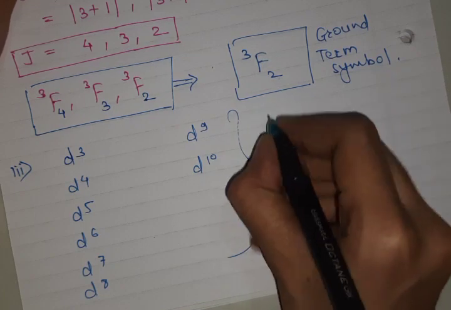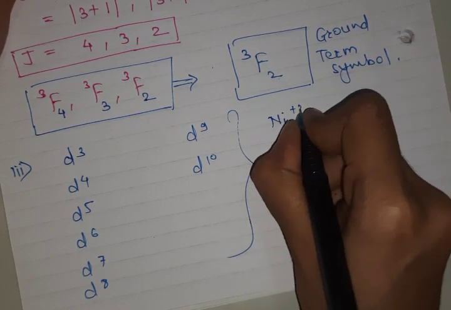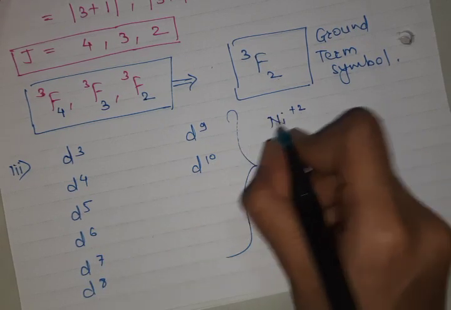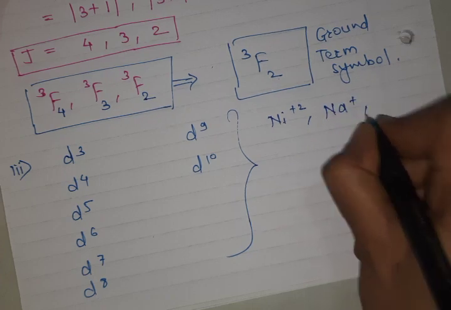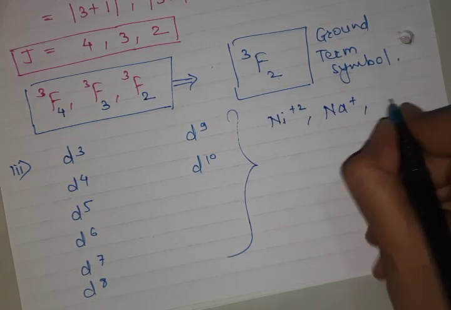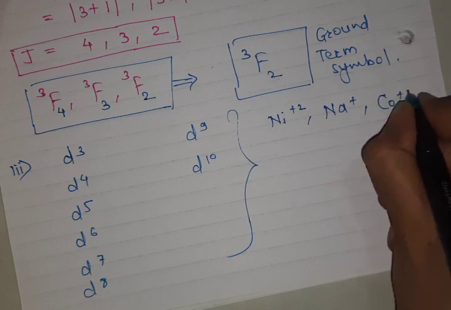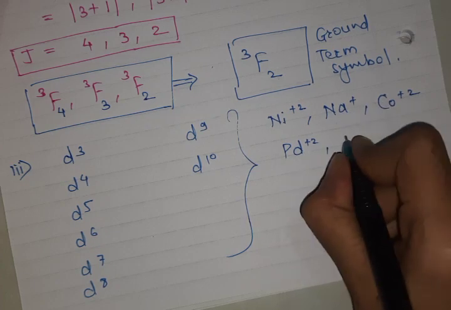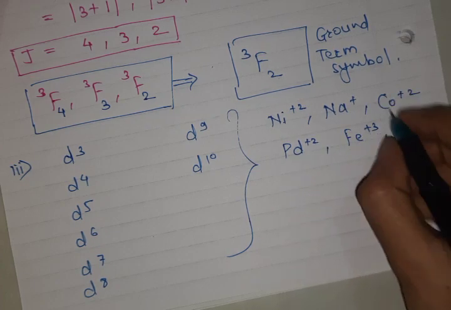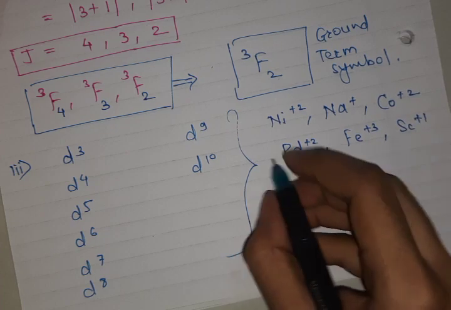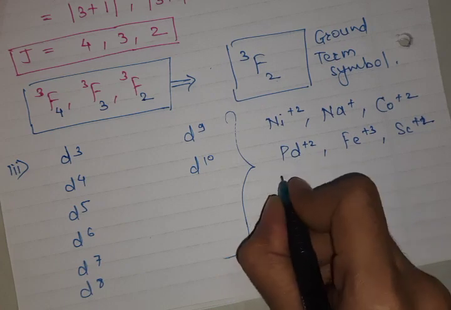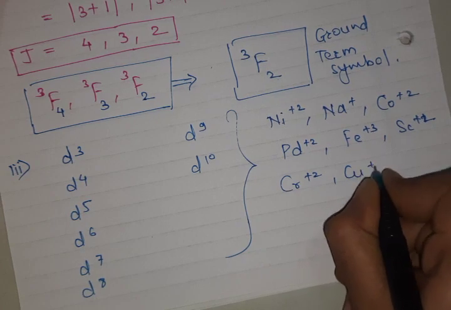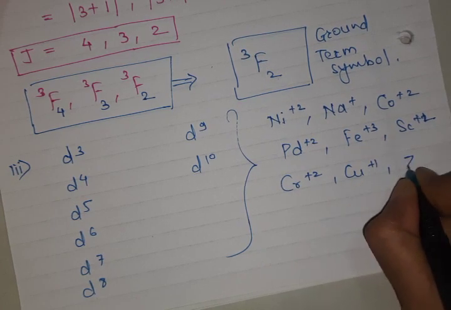And one more example I'll give you in the form of metal ions: nickel 2+. You will get a similar electronic configuration for these metal ions, then Na+, then cobalt 2+, palladium 2+, then iron 3+, scandium +1, scandium +2, then you can take chromium +2, copper +1, then zinc +2.